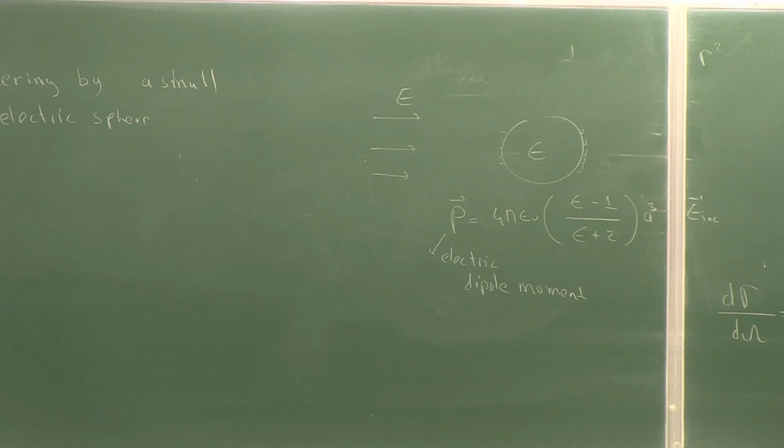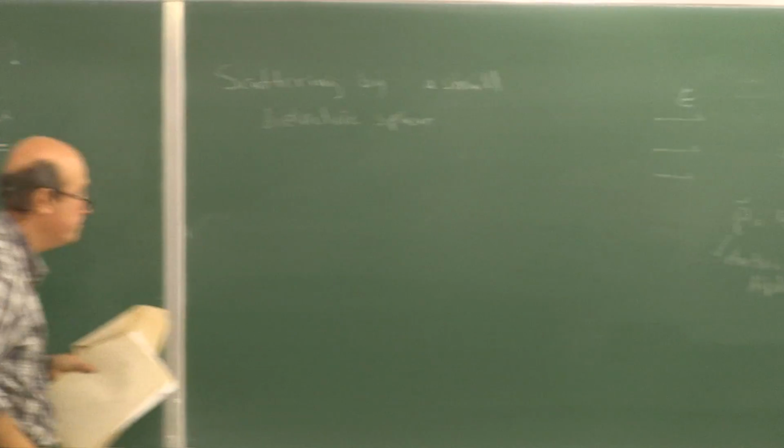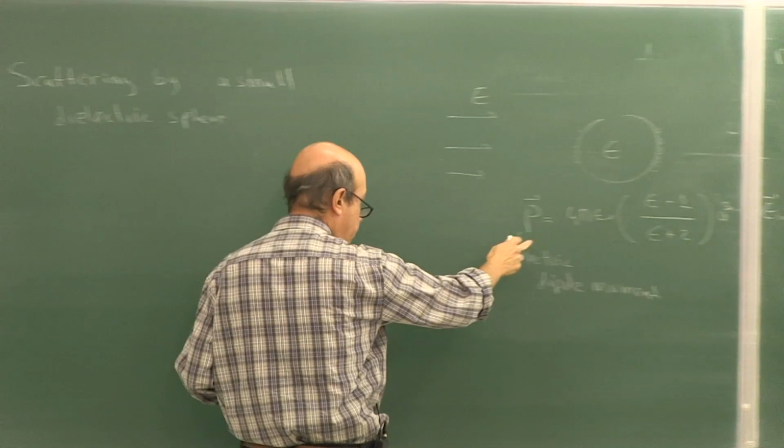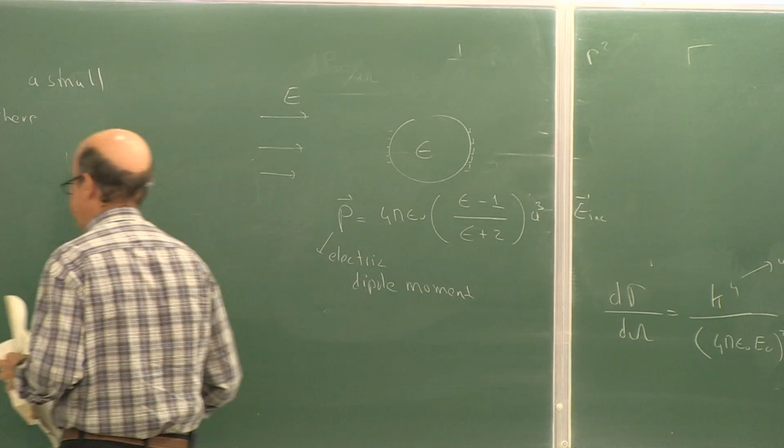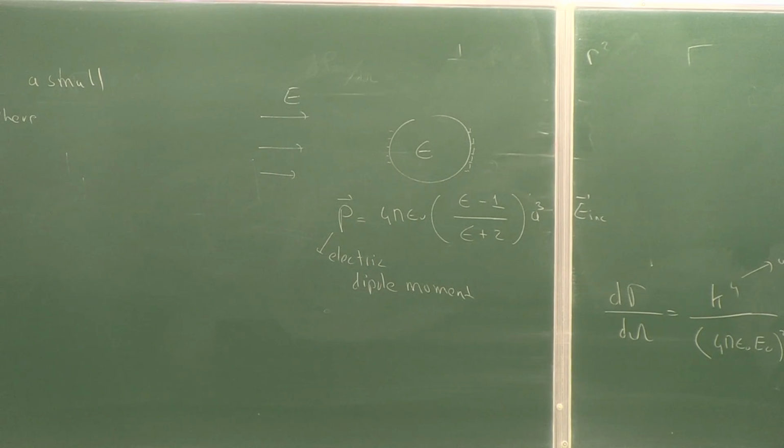Basically, in here, we don't have a static electric field, we have an oscillating electric field. But basically, what will happen, if the field is oscillating at frequency omega, your induced electric dipoles will oscillate. And this term is nothing but the same electric dipole moment, but the difference is that it will oscillate.